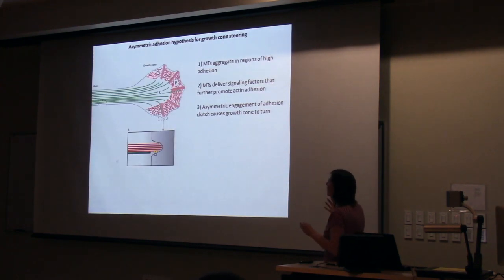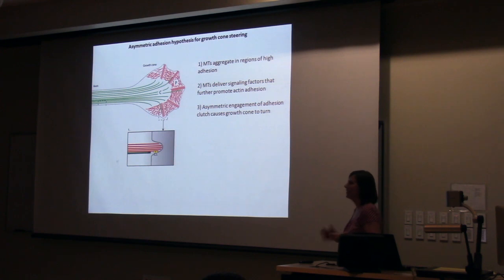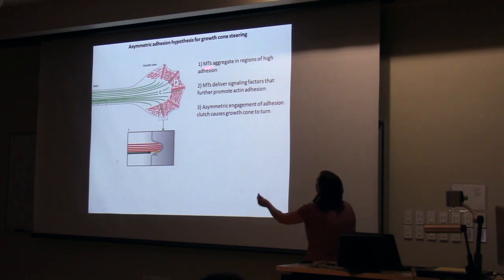So there are a few different hypotheses that we could look at to try and understand what exactly is going on there. How is the microtubule system interacting with that actin adhesion clutch that I told you about? One hypothesis that I'd be interested in testing is what I would call the asymmetric adhesion hypothesis.